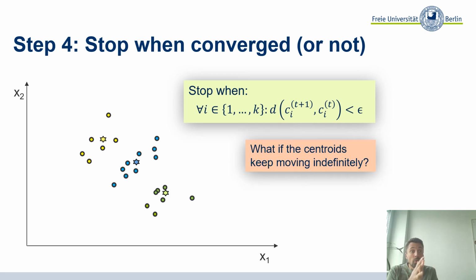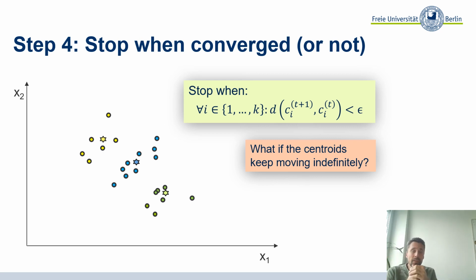Now the question is, what if, because the data is arranged weirdly, the centroids keep moving indefinitely? This could mean that maybe your epsilon is too small. Those centroids may move a little bit back and forth, and it would be sufficient to stop.